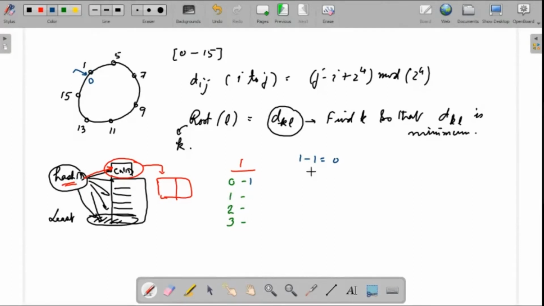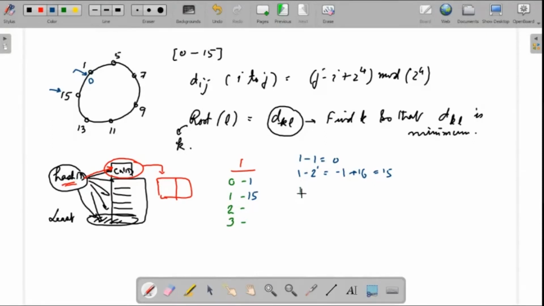With the first entry, it is going to be 1 minus 2 raised to power 1, so it will be minus 1. There is no minus 1 here, so I have to add 16, which will be 15. 15 does exist, so here I will directly put 15, because that's the closest entry for 15 I am looking for.